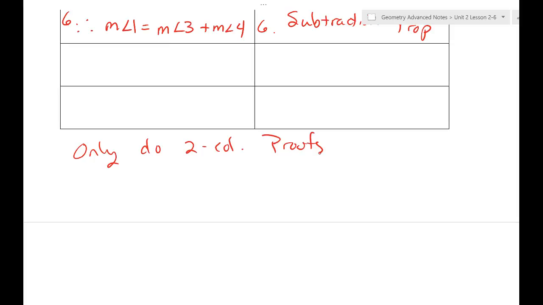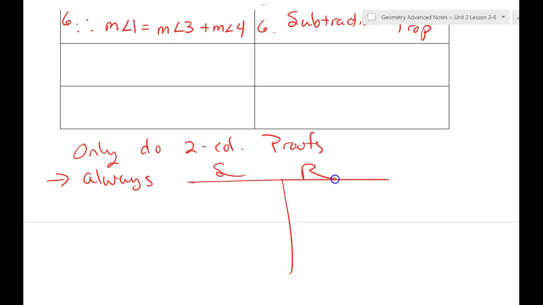A paragraph proof is taking a 2-column proof and putting it in sentences. This is good enough, okay? Also, you must always show me the T. All right, you have to have a statement side and a reason side. Is that clear? You always have to do that.